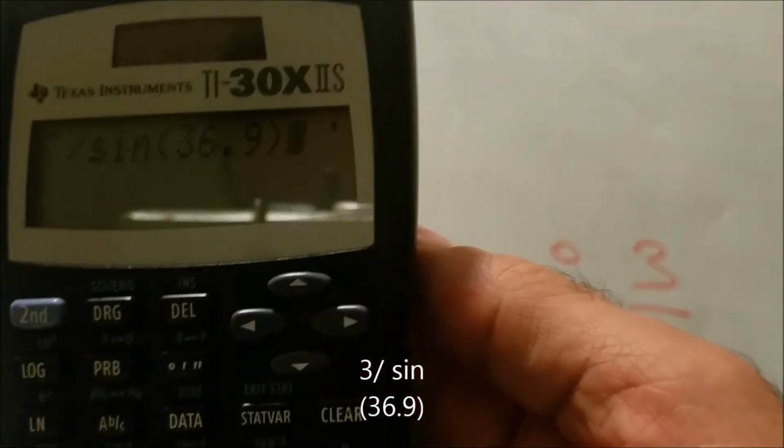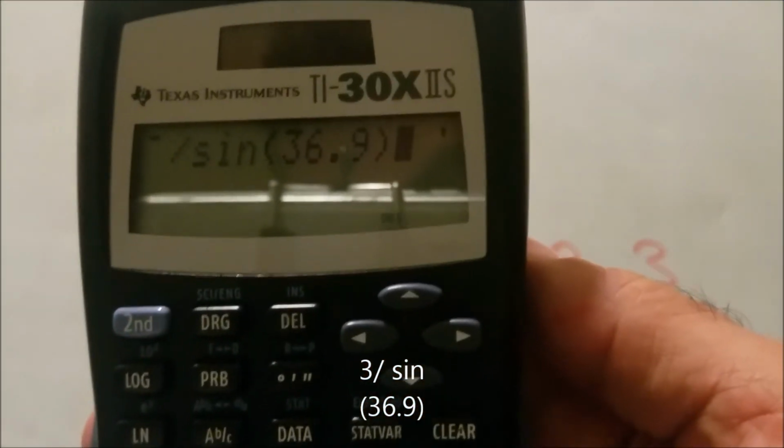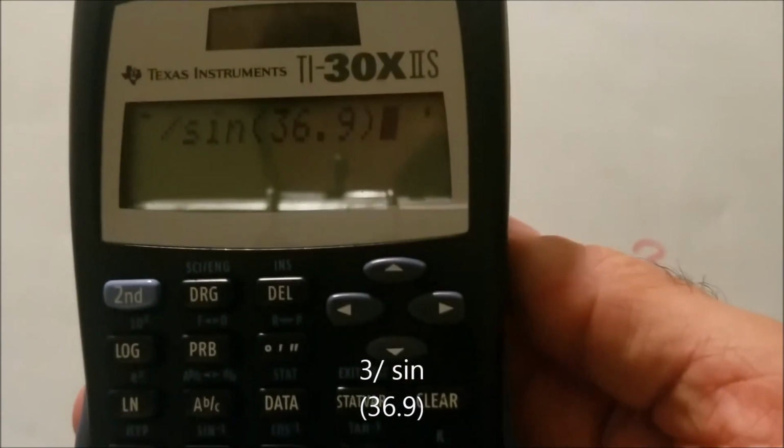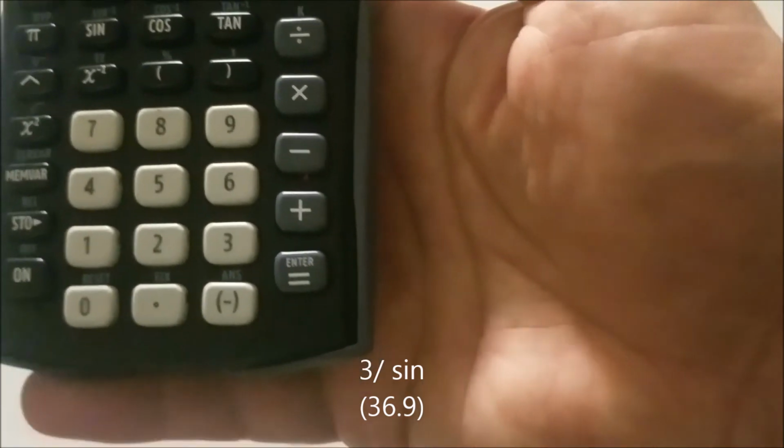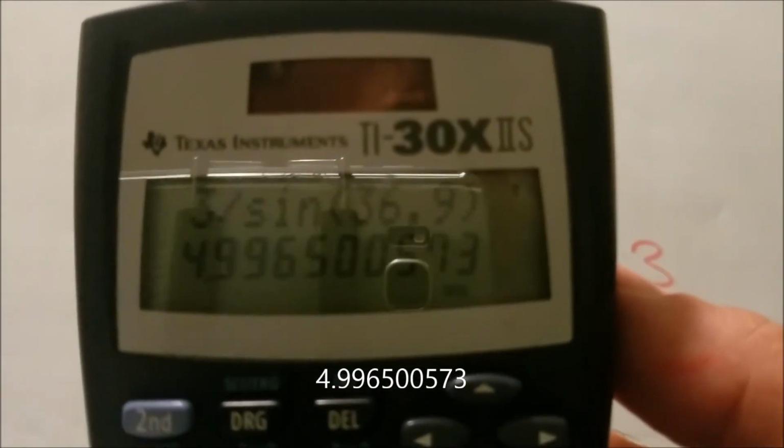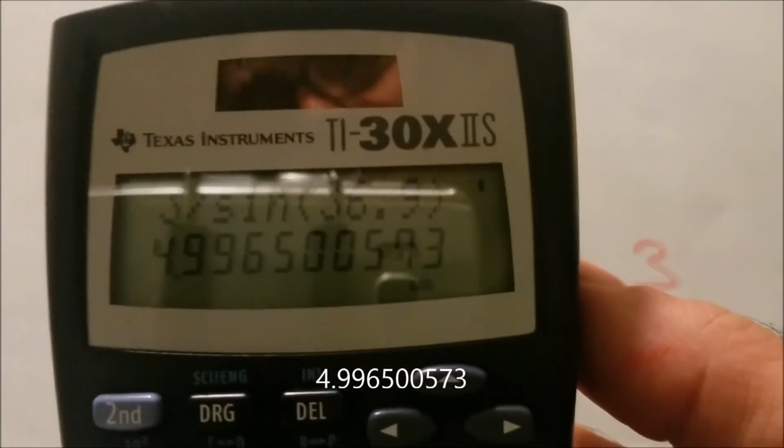Yeah, that's what you should have. 3 divided by sine 36.9. And then press the enter button, right, the enter way over there. See it? Press enter. And we get very close to 5. We get 4.9965. And again, it's not 5 because we didn't put all the numbers in.